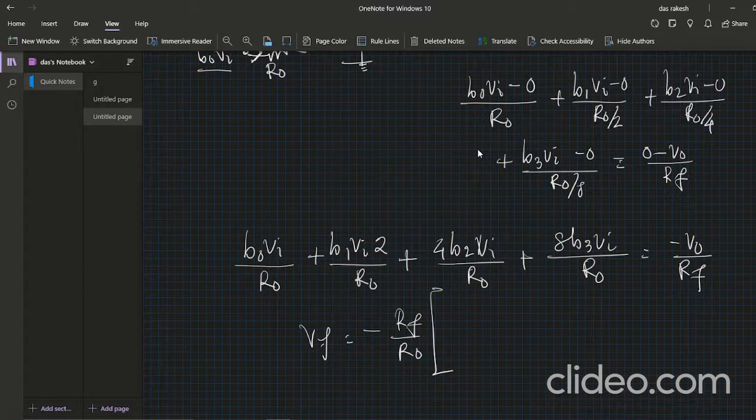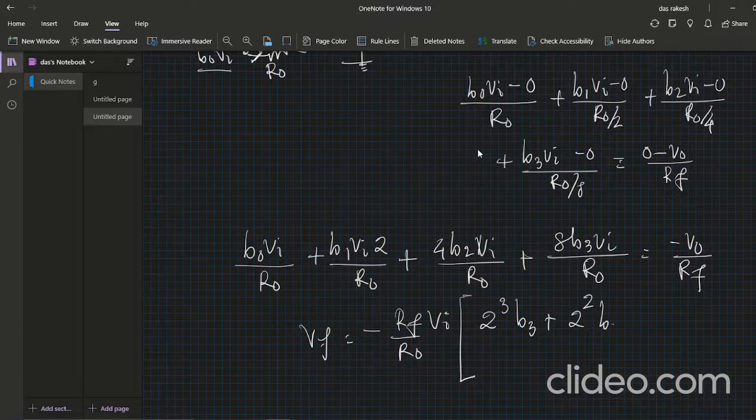Okay, we take the common part, Vi is common. Now what is the value of the input? First of all we write 2 to the power 3 into V3, because 8 is expressed as 2 to the power 3, 4 as 2 to the power 2, 2 as 2 to the power 1, and 1 as 2 to the power 0 into V0 here.